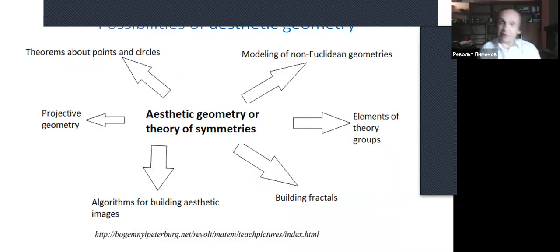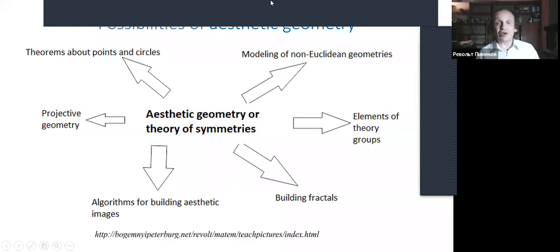And this is about math. I ended about video art. Aesthetic geometry, now it is a diagram of possibilities of aesthetic geometry.